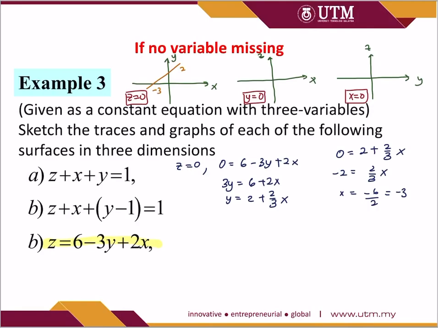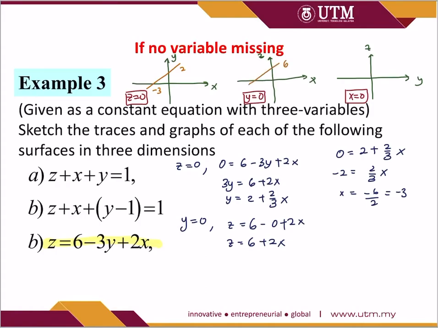Now let's look at the next one, which is when y equal to 0. We substitute y equal to 0, so z equals 6 minus 0 plus 2x. So we will have z equal to 6 plus 2x. For this one we know that it is also a positive slope, and it intersects at 6.